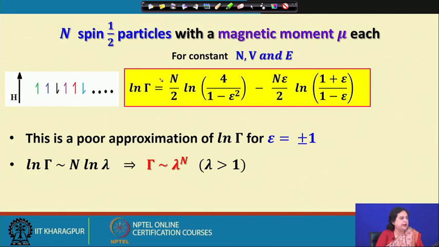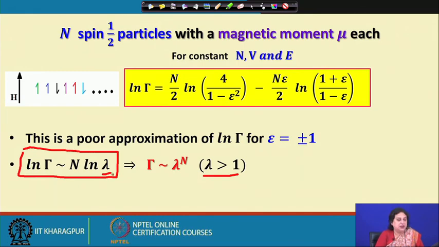Now, when I look at this expression for values of epsilon other than plus minus 1, I understand that I can take capital N out and recast the rest of the terms as ln of lambda, where lambda is a number that is greater than 1. So, basically I can rewrite the equation shown above as the natural logarithm of gamma, that is the number of microstates, going something like capital N, the number of particles present in the system, multiplied by the natural logarithm of a number lambda, where lambda is greater than 1.